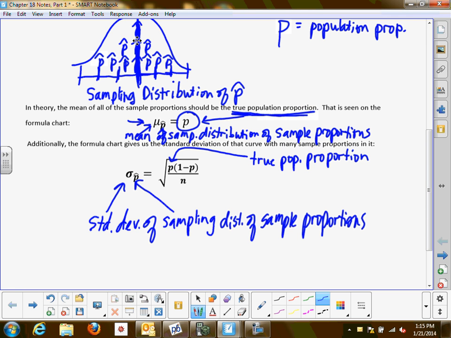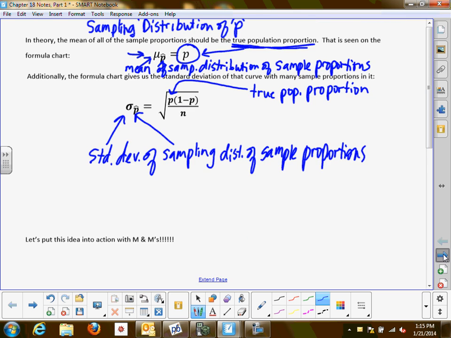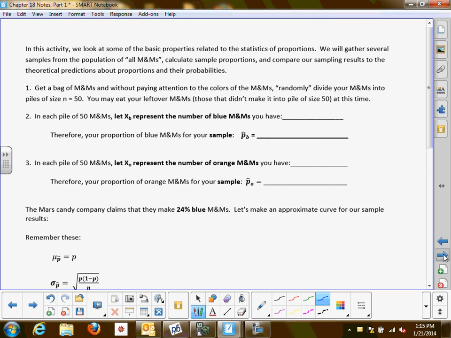Okay, so let's put this into action with our M&Ms. I'm going to give you a sample. Each of you is going to get a package. Now, there are more than 50 M&Ms in your package. In fact, the 1.69 ounces in your package typically holds 54 to 57 M&Ms. Now I want you to take out 50 of them.